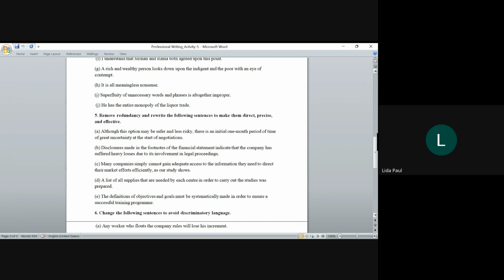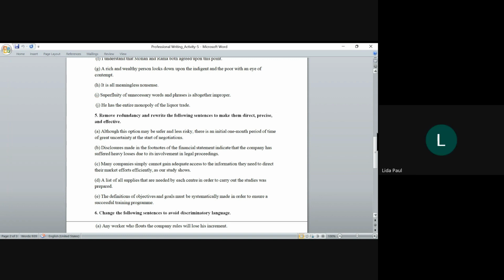Now, anything in the rest of the sentence that requires chopping because it's irrelevant? Ma'am, I think no. Nothing, right?